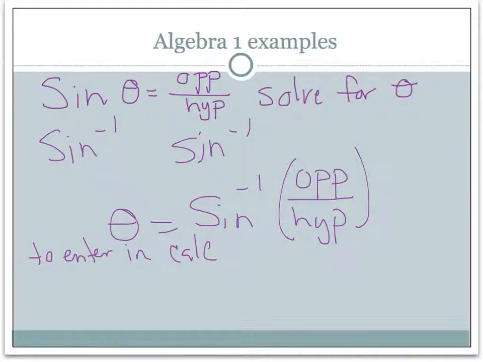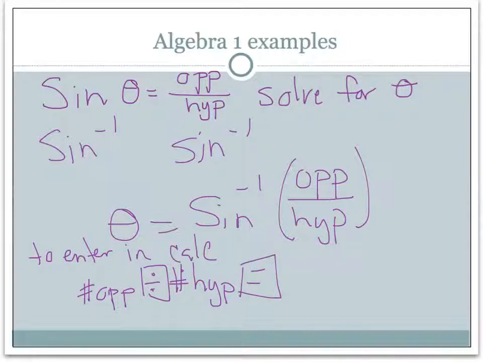Okay, to put this in a calculator, we would put in the number of the opposite divided by the number for the hypotenuse, and then press equals, and press second, then sine. Okay.